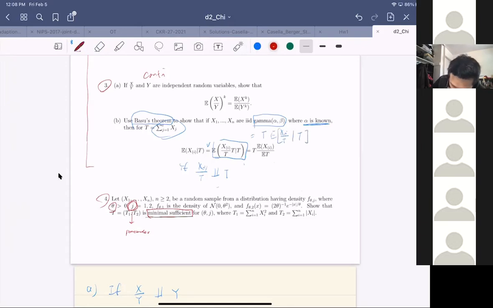If these two are independent, and by A, we only have to show that these two are independent.